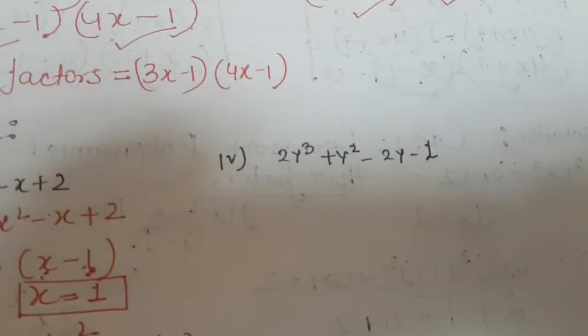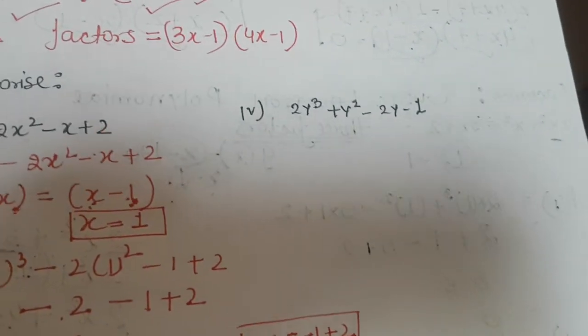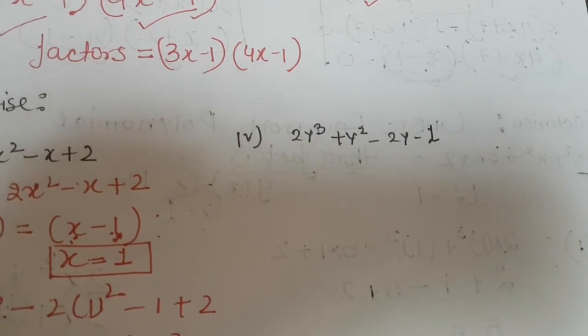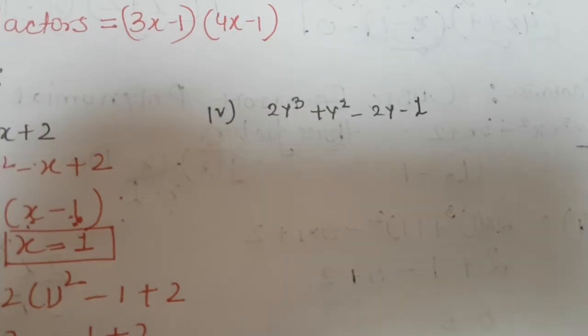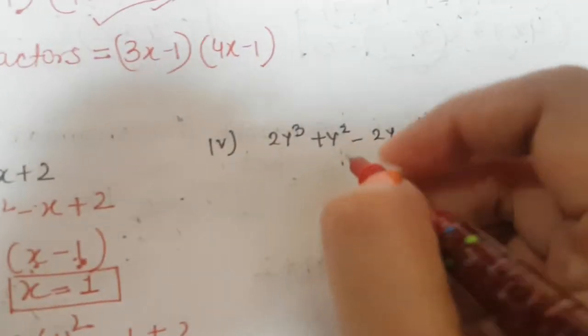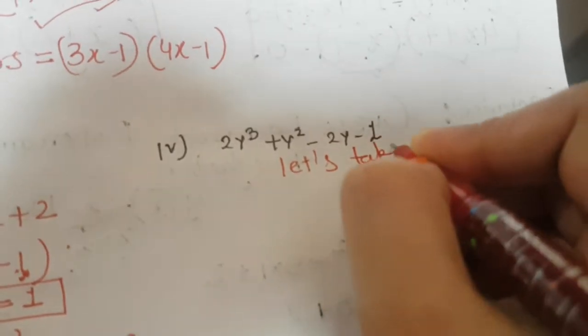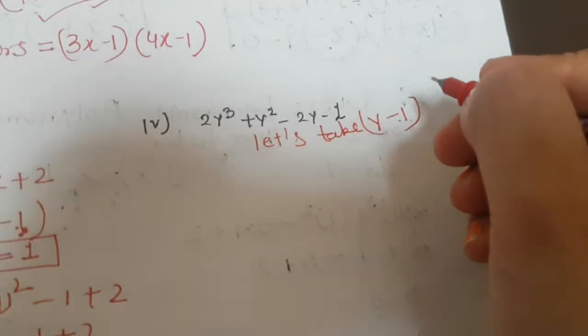Now you come to the next fourth part, 2y cube plus y square minus 2y minus 1. Same procedure. First we will assume that y minus 1 is the factor of this polynomial.